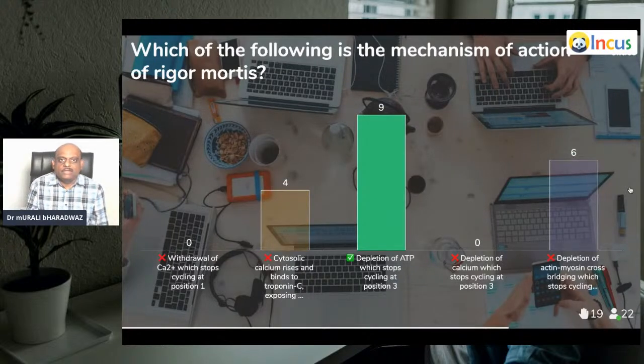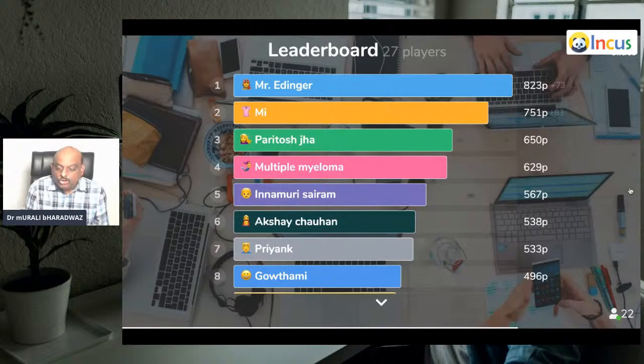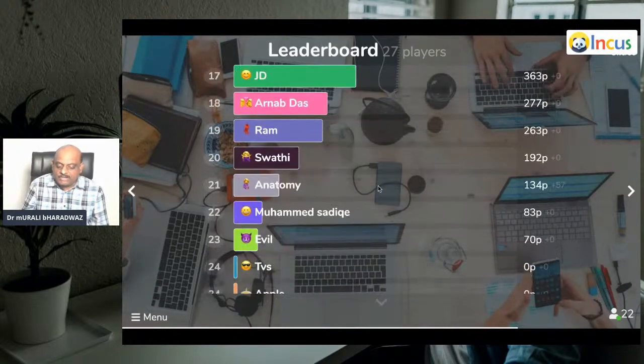Excellent. So, death will deplete ATP. Depleting ATP stops the cycling at position 3 in the actin-myosin interaction. So, the muscle remains contracted. Good to see 27 players online. Excellent, excellent, doctor.